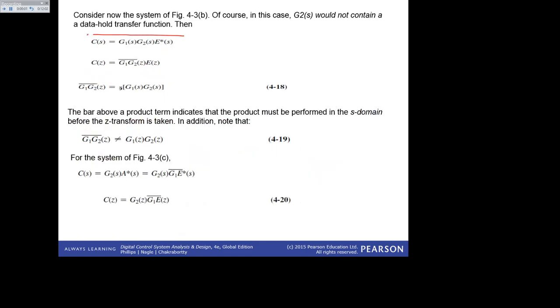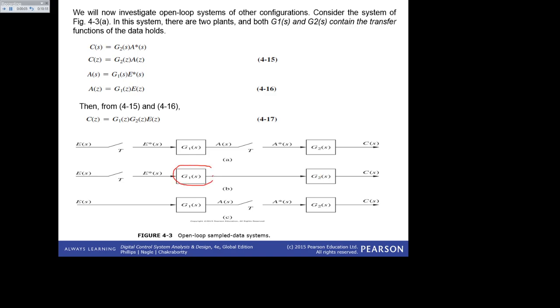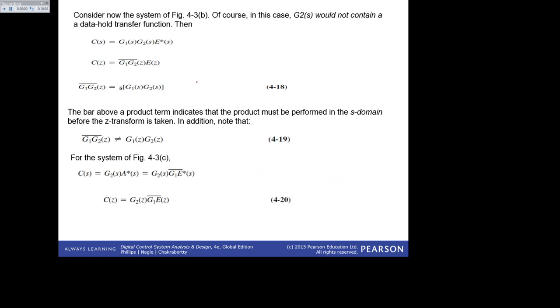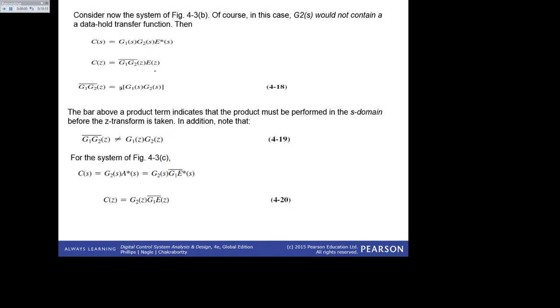Here you have to multiply G1(S) and G2(S) because there is no sampler in between them. You have to multiply the two of them, and that's why they are multiplied here, and then multiplied by E asterisk S.